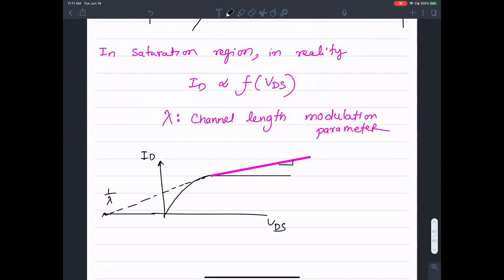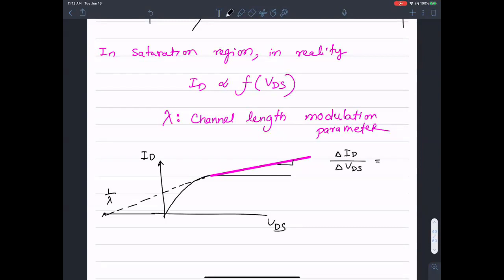We'll talk about that; we don't have to worry too much about it. All we have to think about is this slope, change in ID for change in VDS. Earlier, I thought it was 0, because the slope is 0, it's not changing. But now, because of channel length modulation, it is not 0, but a very small value.